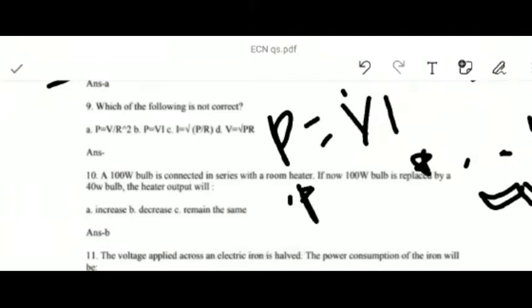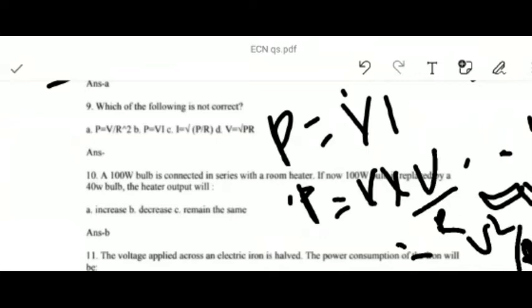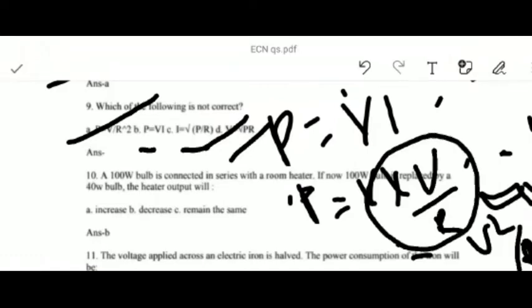If you substitute I equals V by R, then P equals V square by R. So option B is correct, P equals VI, and option C is also correct. But option A is not satisfied, because option A is P equals V by R square, whereas P equals V square by R. So here the answer will be A.